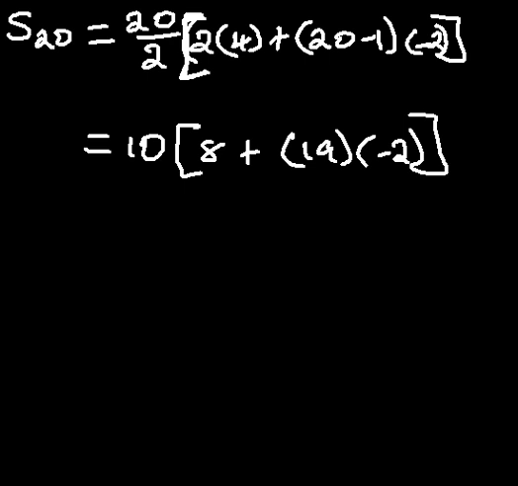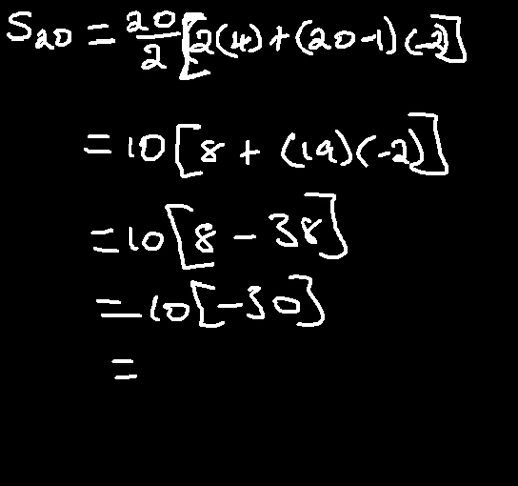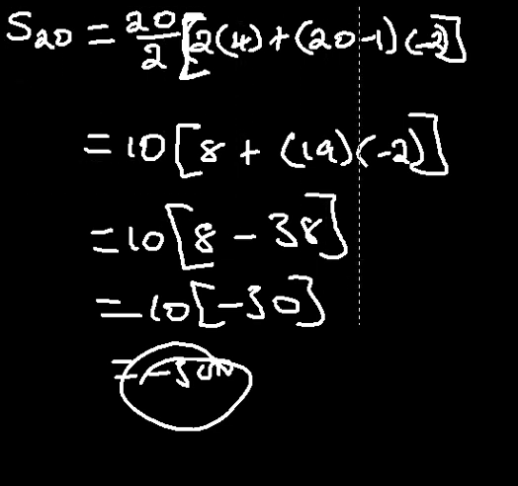It is negative 38. So we have 10 times 8 minus 38, which is 10 times negative 30. And 10 times negative 30 is negative 300. So this is the sum of the terms. You should understand that too.